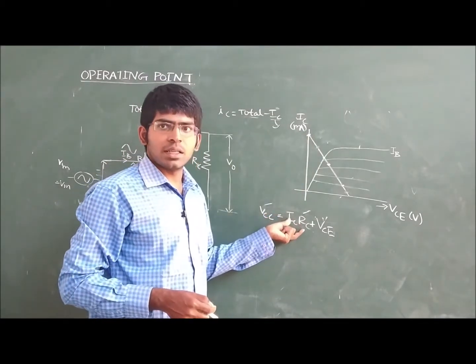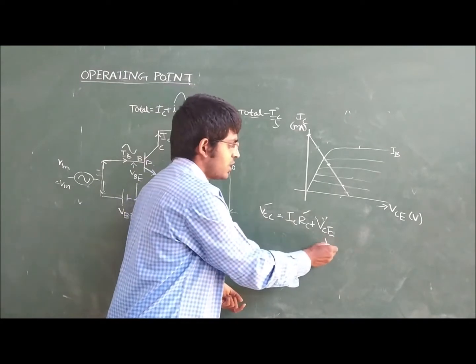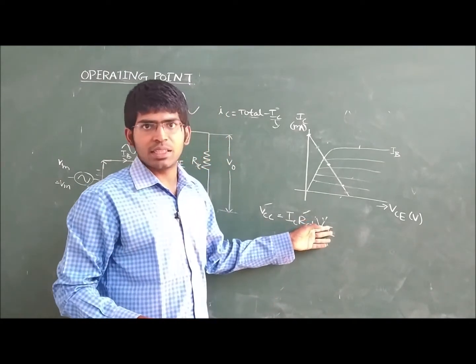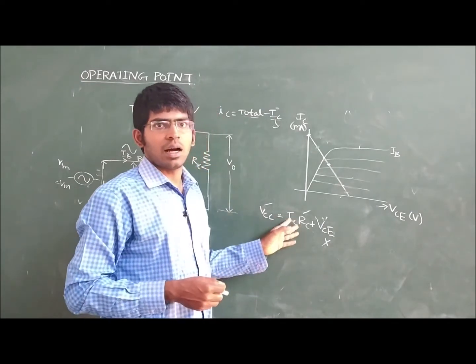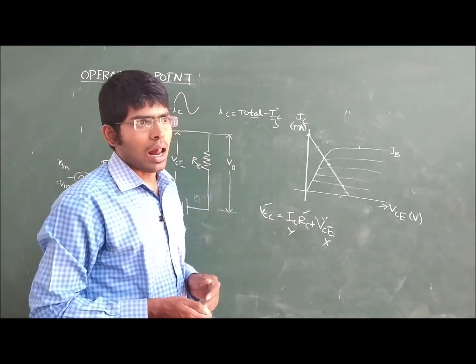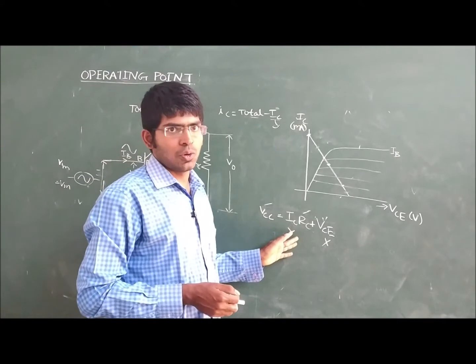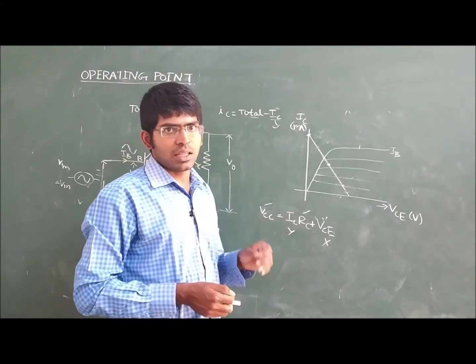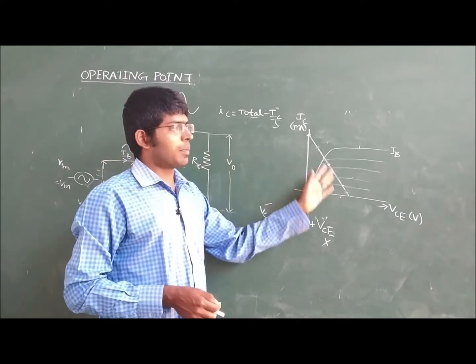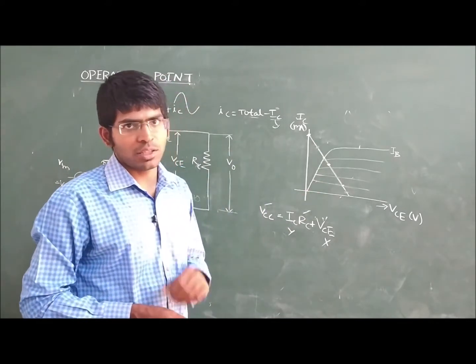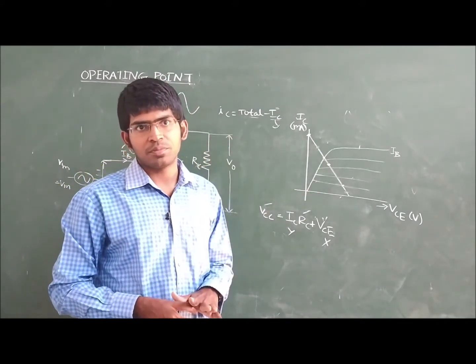Because VCE is on the x-axis and IC we are representing on the y-axis, I am interested in making this line in the form of y equals mx plus c.